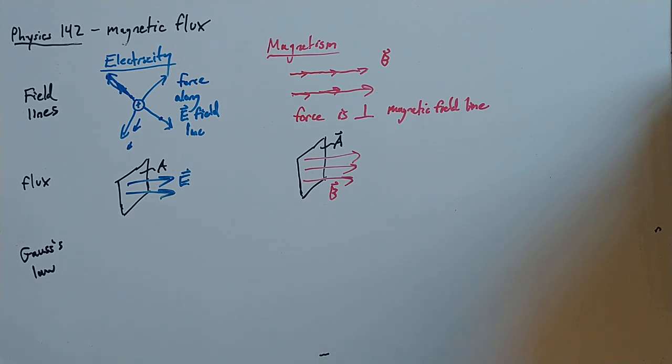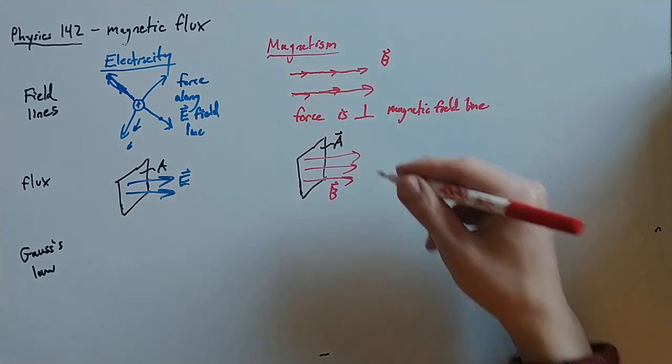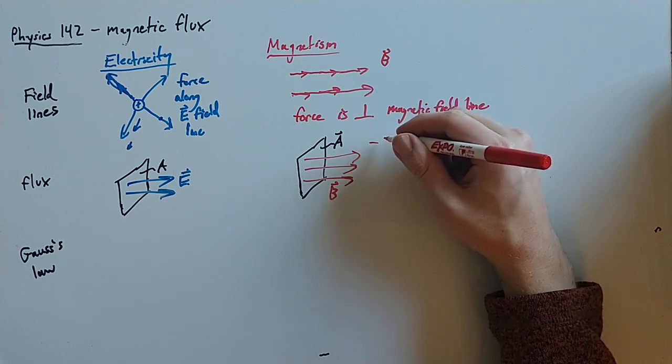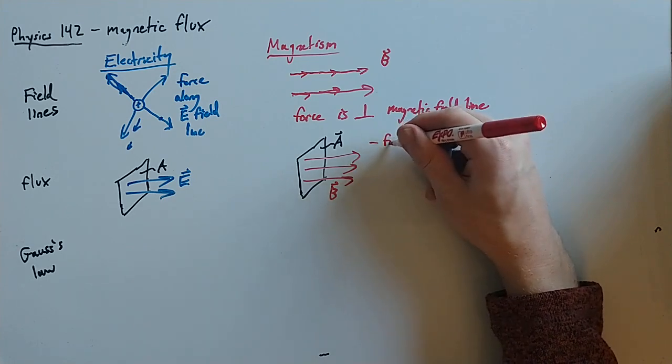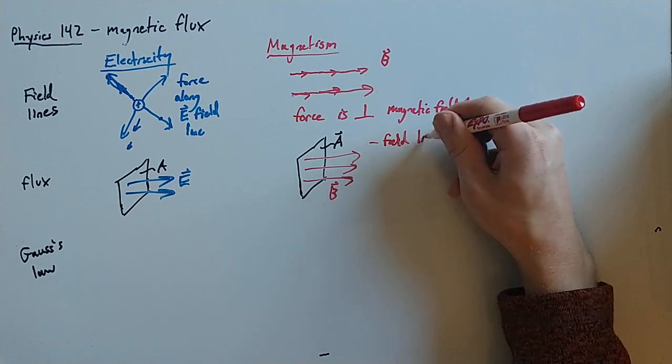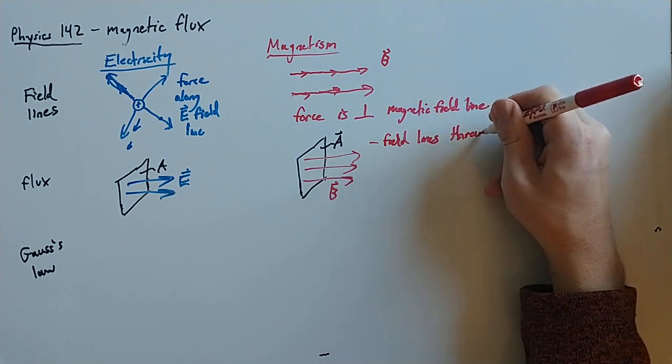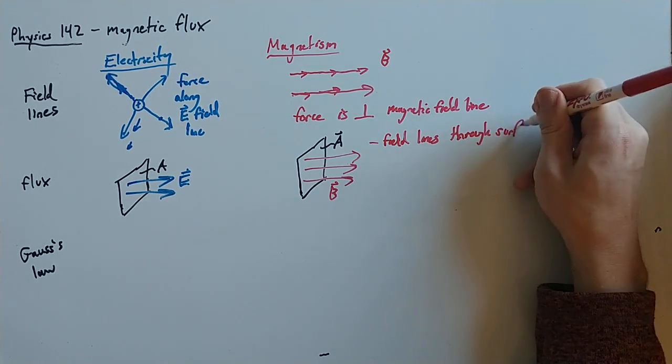If you have more dense, more packed together magnetic field lines, that means you have more magnetic field. So it's however much magnetic field is passing through that surface. All right, so magnetic flux is the amount of magnetic field lines going through a surface.